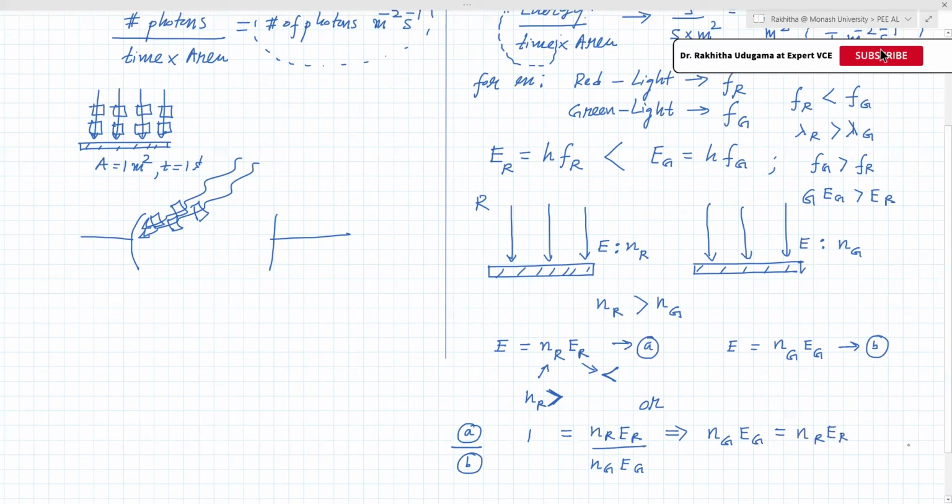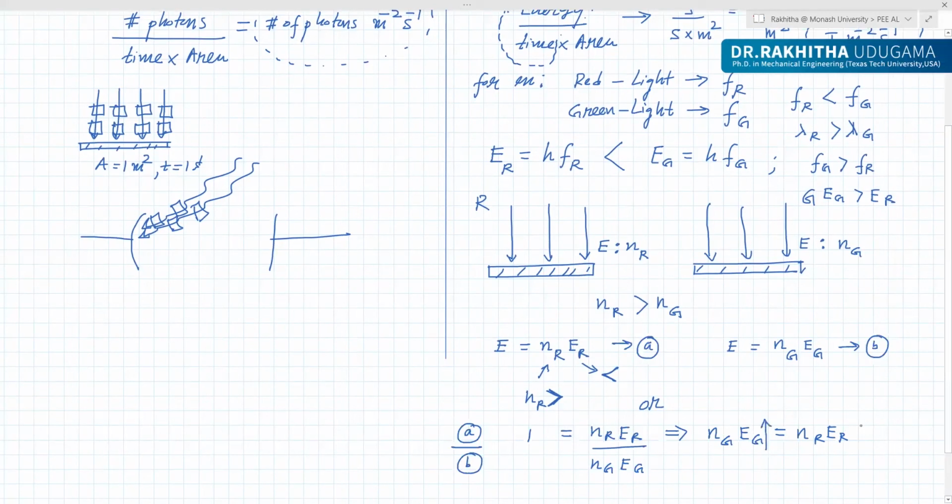Now you can see the energy of a green photon is greater than the red one. Red one is less.